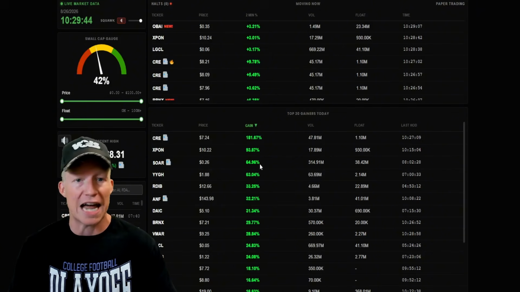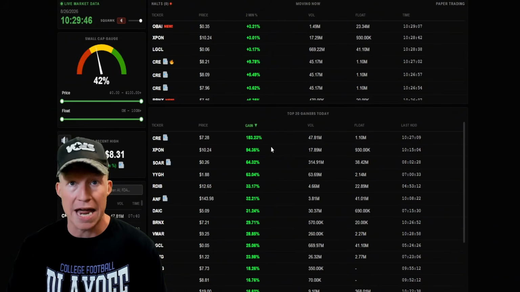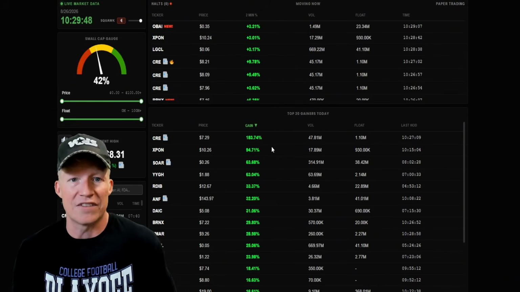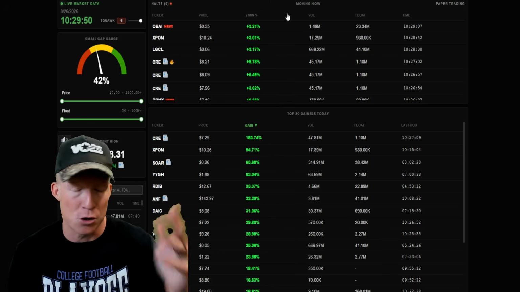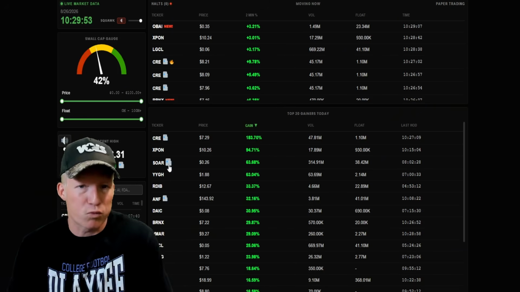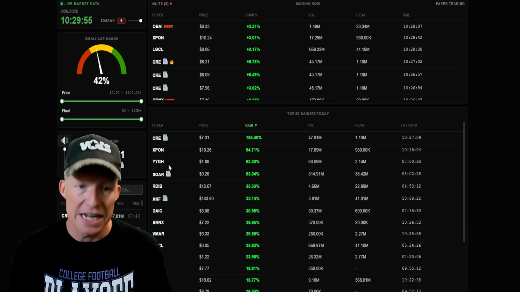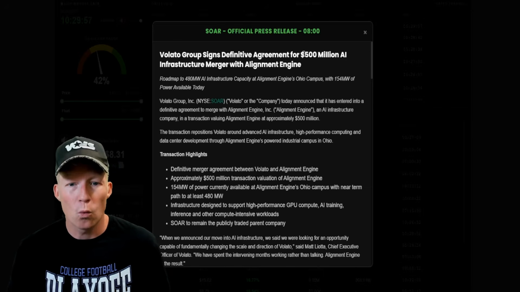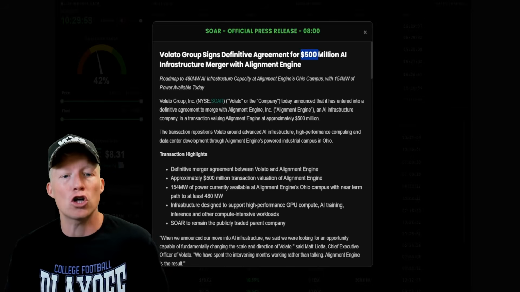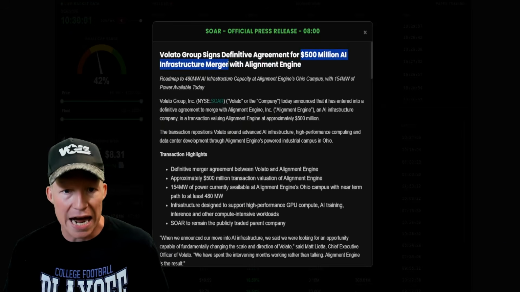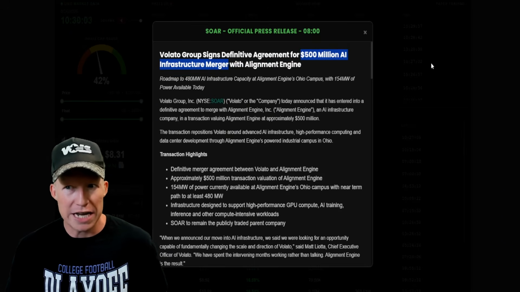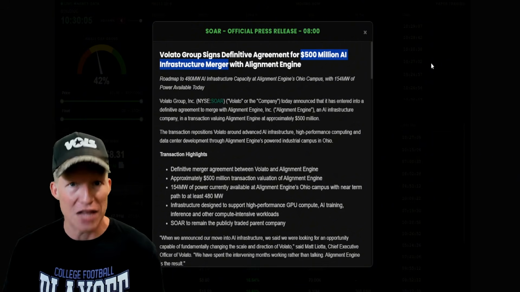So when the news was actually announced, it was a, I don't know what, $7-8 million market cap company. I don't know if I'm doing that math right, but it's a relatively small company in the grand scheme of things, right? So getting news about $500 million AI infrastructure merger is crazy for that small of a company.